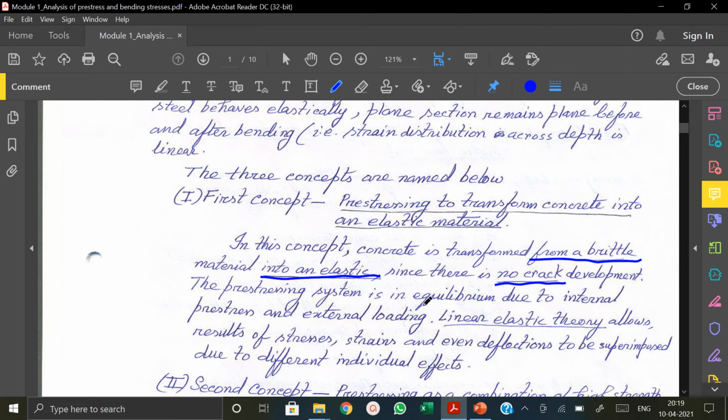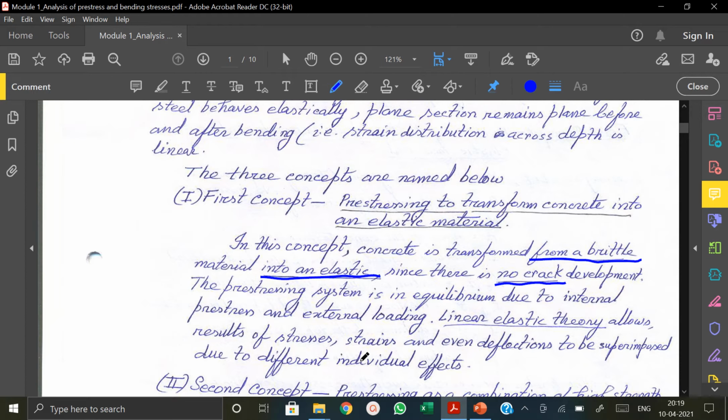The prestressing system is in equilibrium due to the internal prestress and external loading. That is, in any circumstance, it will be in equilibrium due to the external load and the internal prestressing. The linear elastic theory allows results of stresses, strains, and even deflections to be superimposed due to different individual effects.